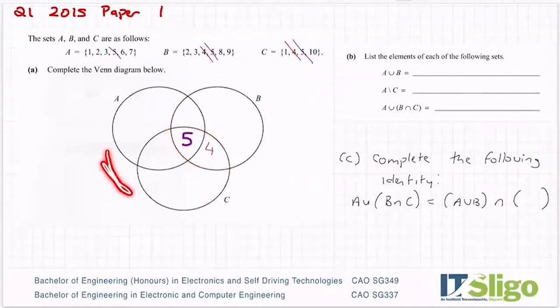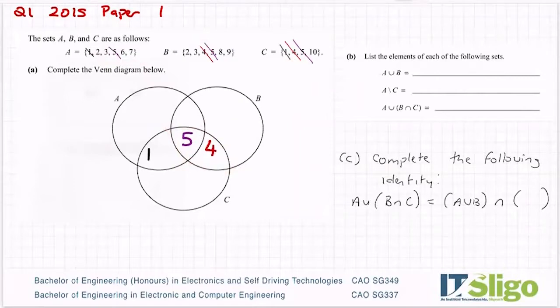Okay, let's have a look now at A and C. So I have the number 1. Yeah, that one's good. A and C. So out here, there's the number 1. The number 2, no. 3, no. 6, no. 7, no. Okay, so just the number 1.